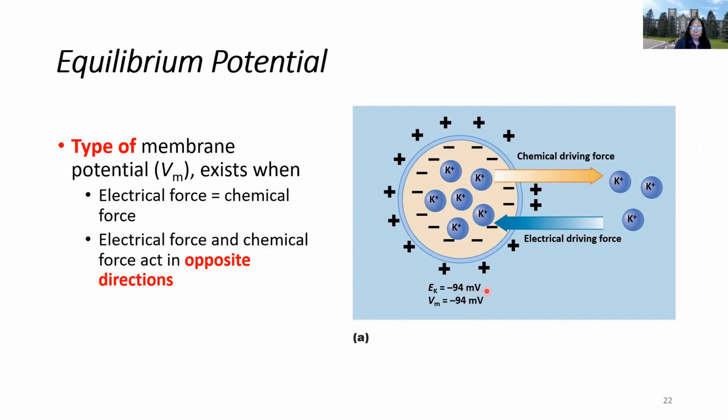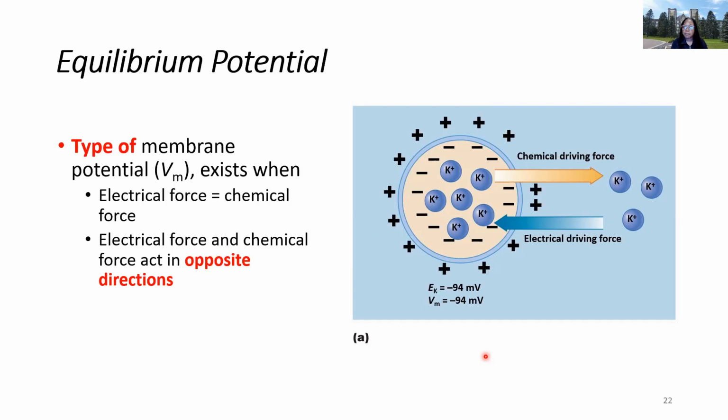What that means, when the membrane potential is at -94 millivolts, the chemical driving force for potassium is out of the cell, and it's the exact same magnitude as the electrical driving force for potassium, which is into the cell. Therefore, potassium is at equilibrium, right? Potassium is not going to move. Its chemical force is exactly canceling out its electrical force, right?